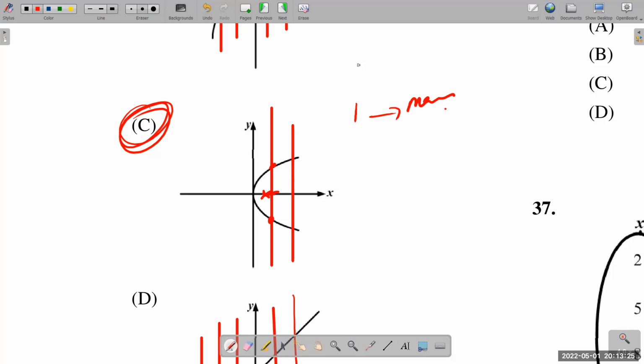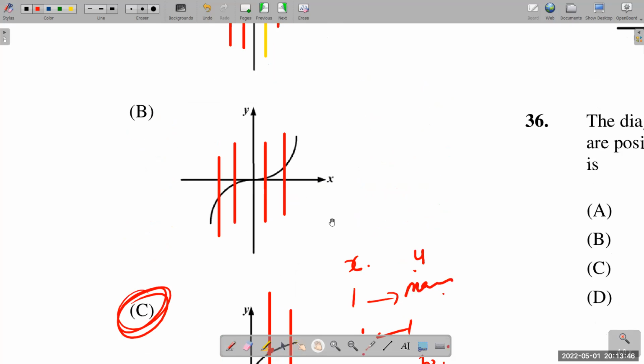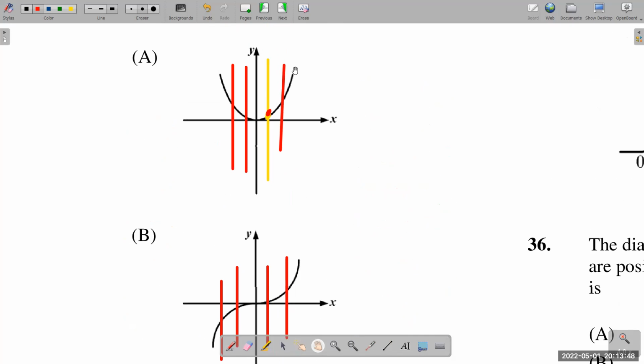Look at it. Remember, x is the input, y is the output. If I have one x value, but I got two y's, that means one x goes to two y's. That's a one to many. A function is a one to one or many to one. This curve here, the reason why it's a function is because this is a many to one. Why would this be a many to one?